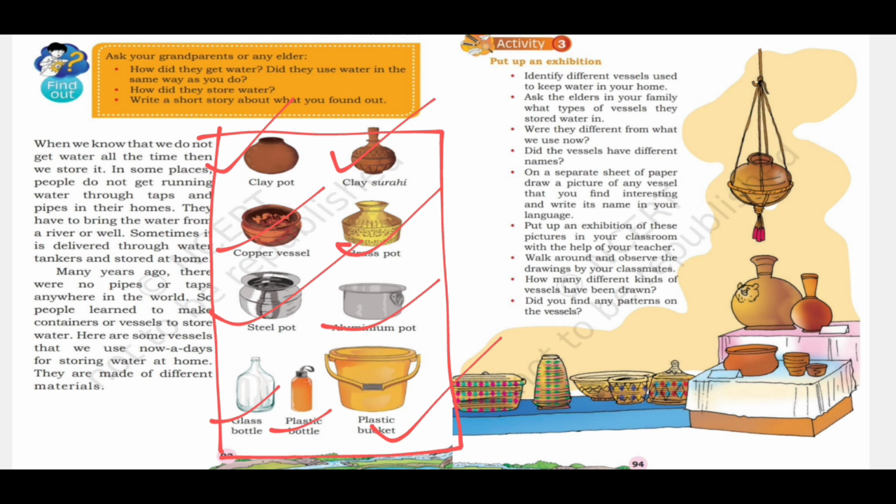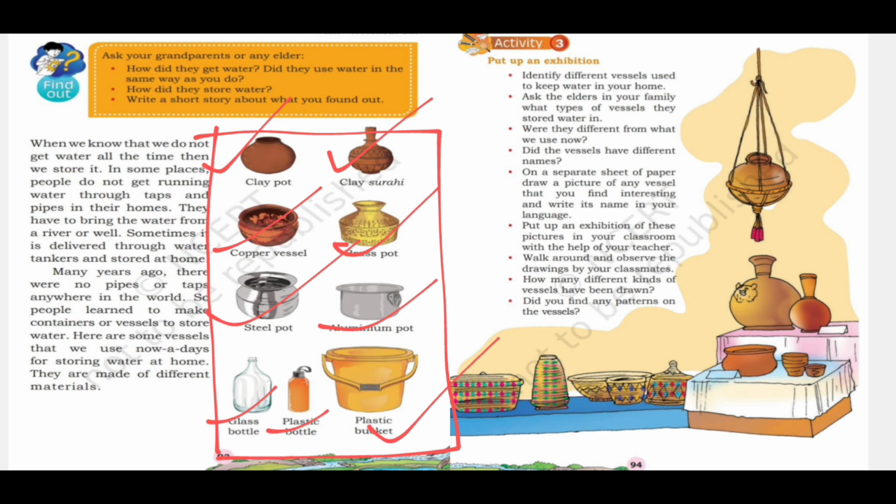Ask the elders in your family what types of vessels they store water in. Were they different from what we use now? Did the vessels have different names? On a separate sheet of paper, draw a picture of any vessel that you find interesting and write its name in your language. Put up an exhibition of these pictures in your classroom with the help of your teacher.